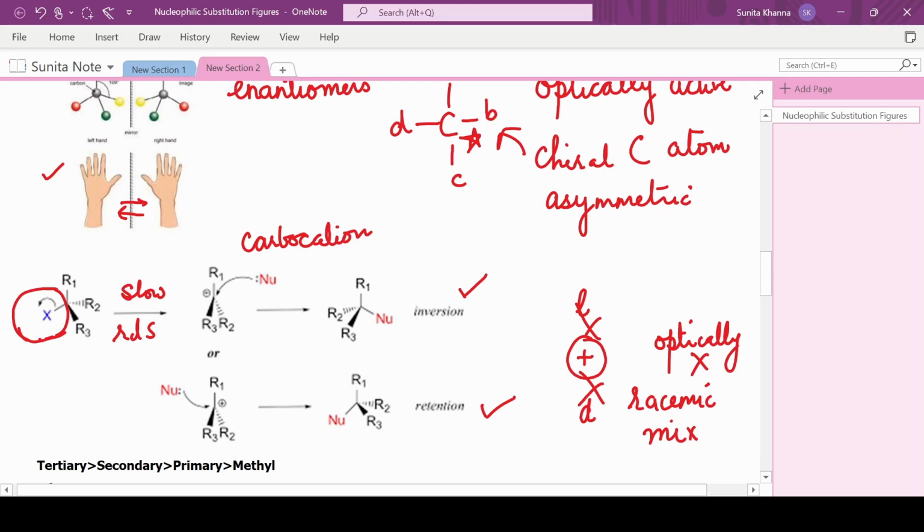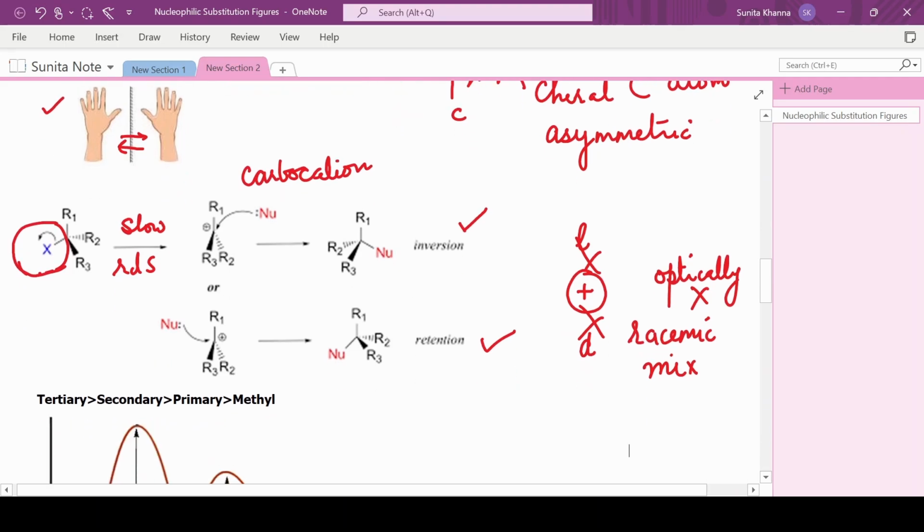As we have seen, the carbocation formation is taking place here, and the stability of the carbocation decides which mechanism is followed. We have already studied in grade 11 that the tertiary carbocation is the most stable, followed by secondary and followed by primary.